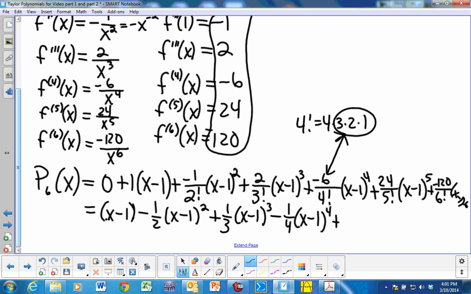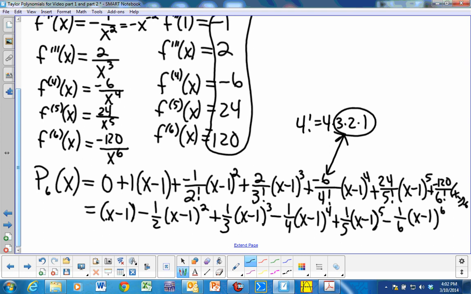You should be able to see the pattern now. 1/5 x minus 1 to the 5th, and then minus on the end because we're alternating. And so you'll have minus 1 over 6 x minus 1 to the 6th. So definitely always be looking for patterns, because you'll find that it actually usually simplifies out a lot easier.